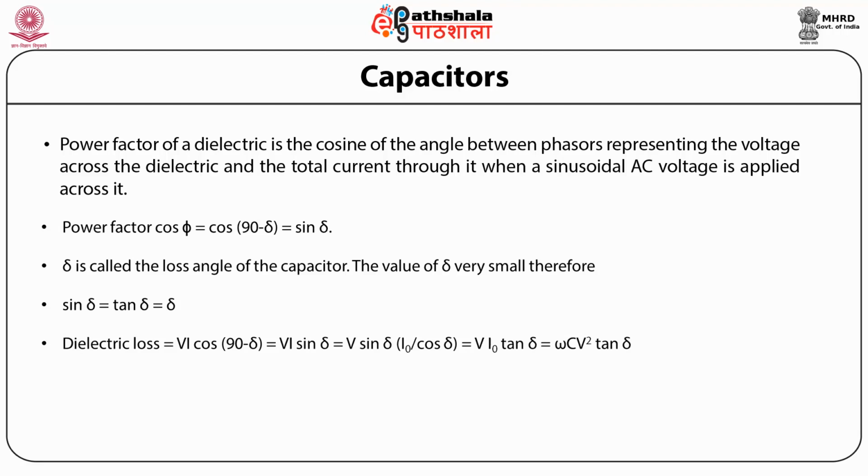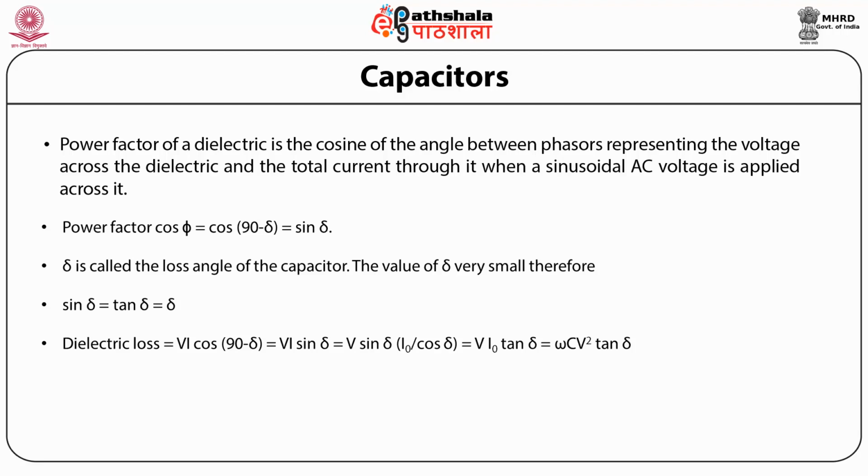The dielectric loss is given by V multiplied by I multiplied by cos of 90 minus delta, which is equal to VI sine delta, which is again equivalent to V into sine delta multiplied by I naught divided by cos delta, which gives V I naught tan delta.